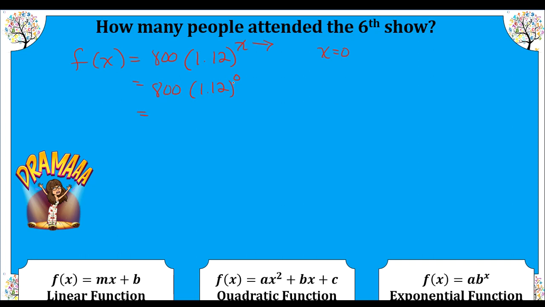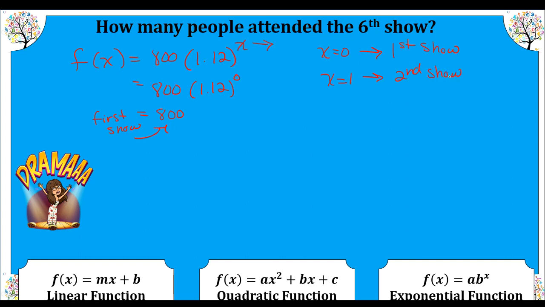So when X is 0, it gives us the total for our first show, which we know was 800. So when X was 0, this was the total amount of people on the first show. When X is 1, this is going to be the show after the original first. So this would be our second show.